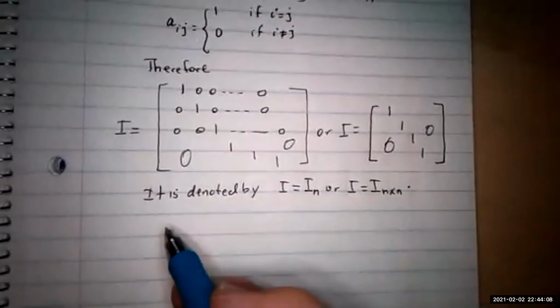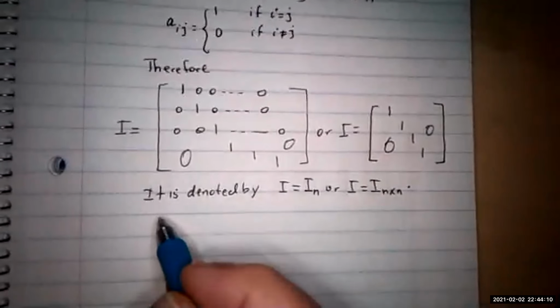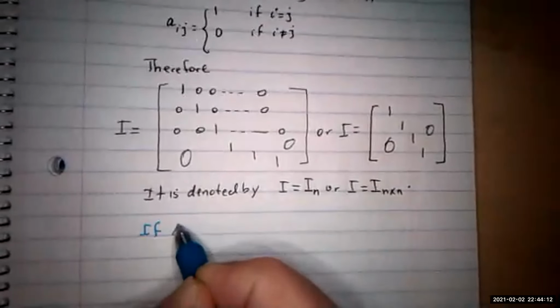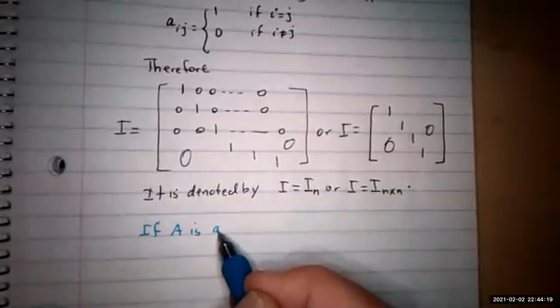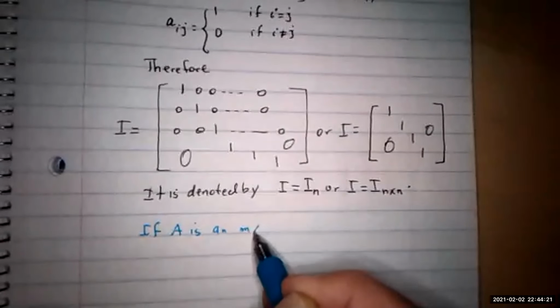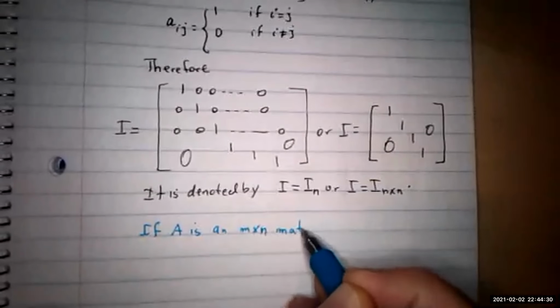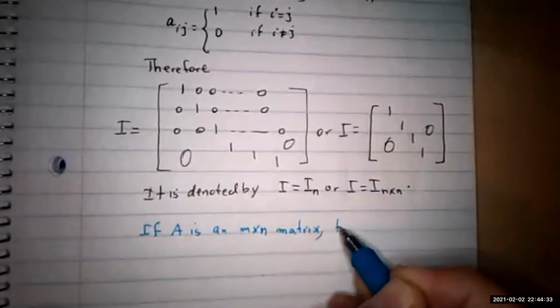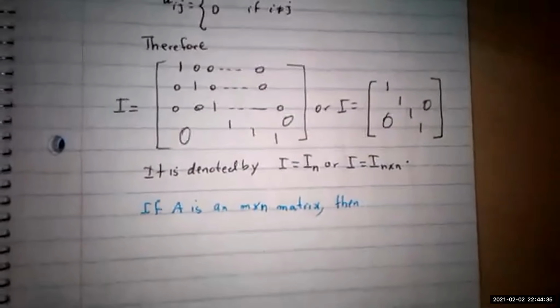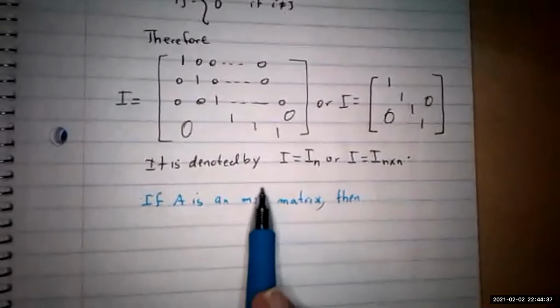Quickly you find out that if A is an m by n matrix, then you can multiply it: A is m by n and I is n by n.